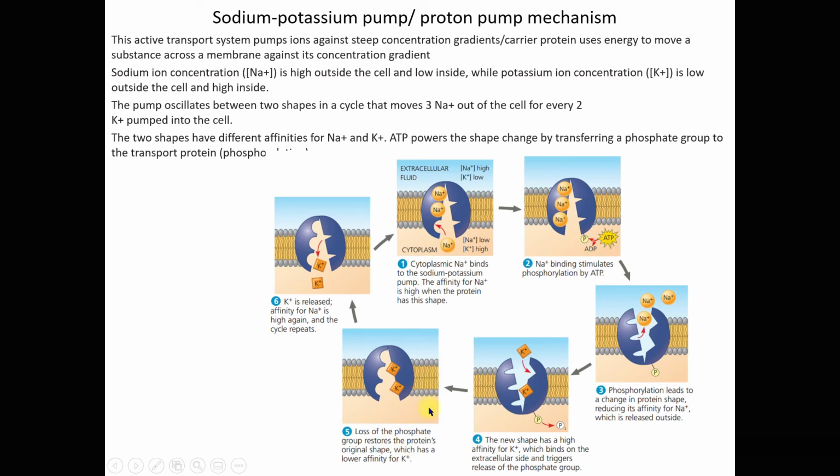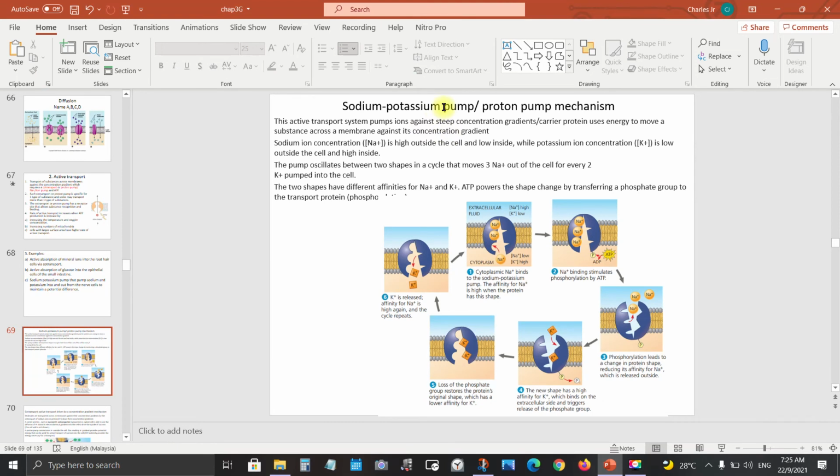It means 3 sodium ions are pumped out and 2 potassium ions are pumped into the nerve cell. Usually this is the duty of the sodium potassium ion pump. I think it's better if we use the words sodium potassium ion pump here.